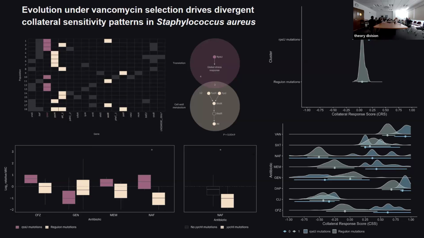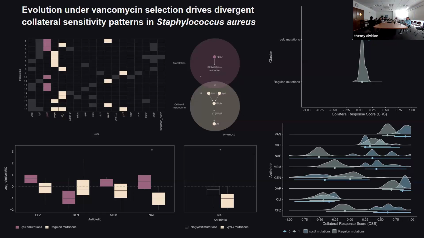My ideal case is that we've garnered enough information, not just about staph, but whatever pathogen is of interest and relevance within a patient. We have enough information about the pathogen, both phenotypically, how it responds to drug, and genomically, that we can start to make accurate predictions of responses that are encapsulated within this collateral response score.